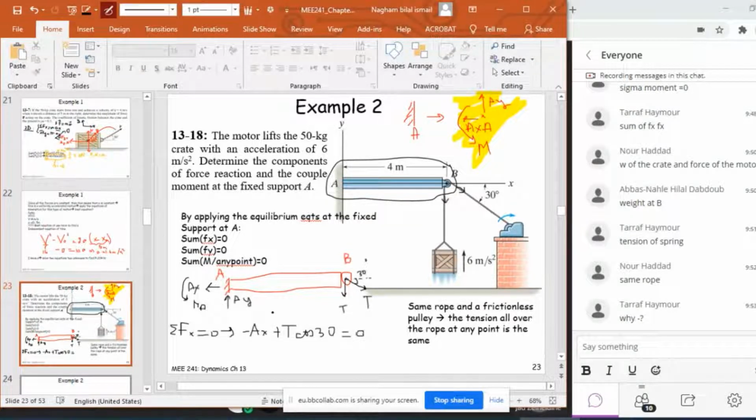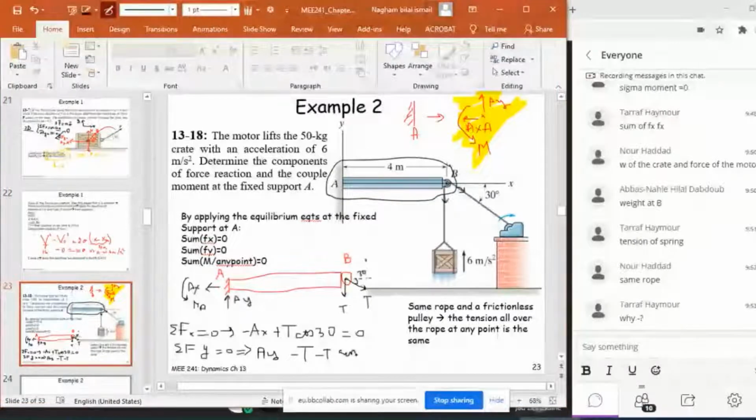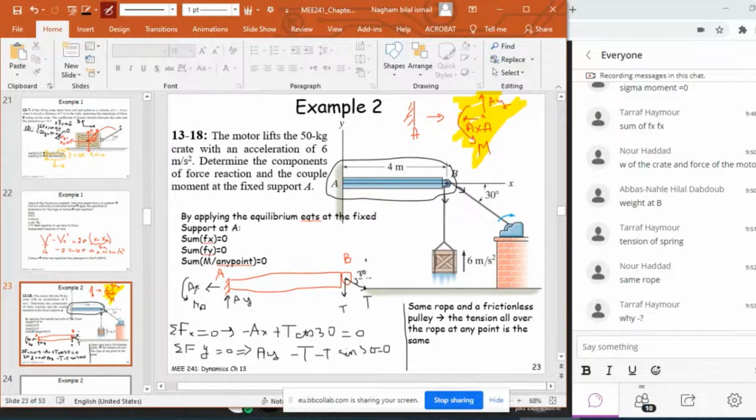This is the first equation. Now the second equation: AY minus T sine 30 is equal to 0.